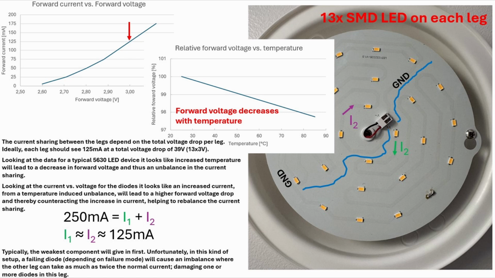You run these 250 milliamps through two legs with current sharing of 120 milliamp in each leg. Basically it's two parallel LED strips on this plate, consisting of 26 LEDs, 13 SMD LEDs on each leg. If we calculate 3 volts per LED, we should have a total voltage drop of 39 volts for the total device.